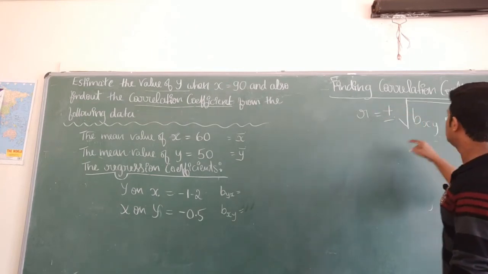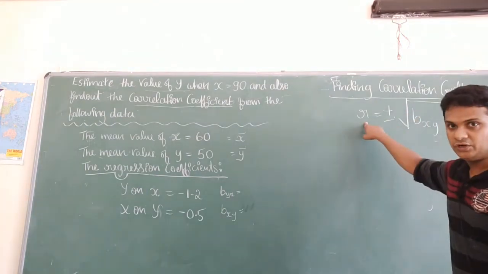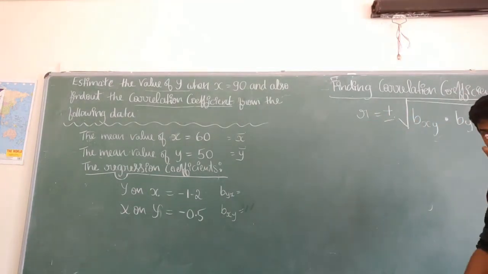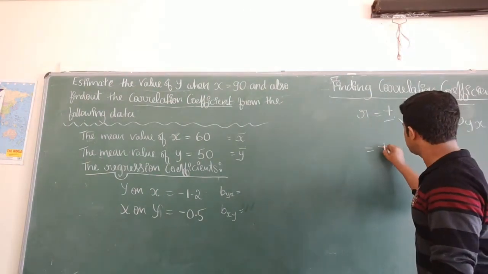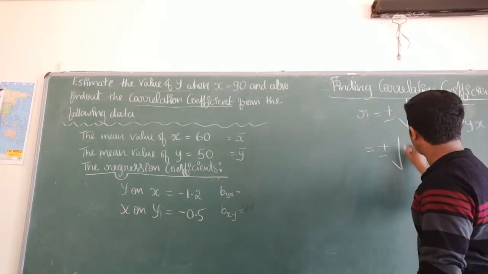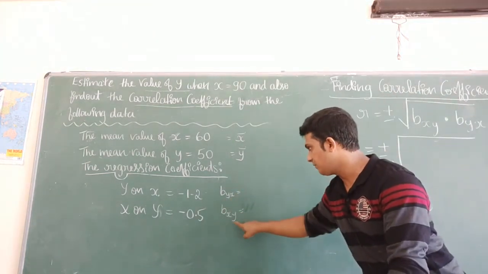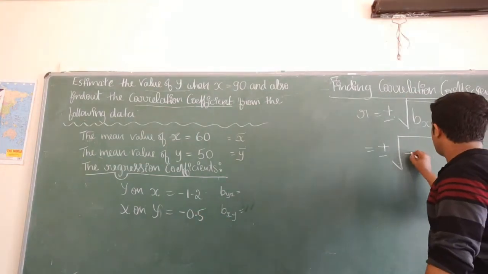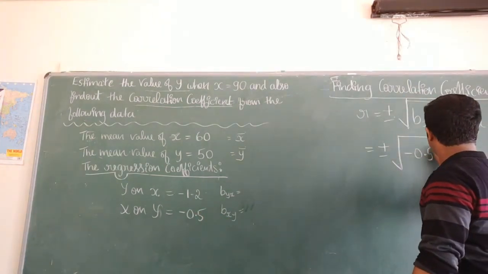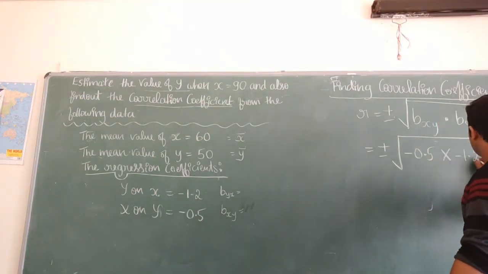Let us use this property and find the correlation value. So plus or minus root of b of xy, the x on y equation regression coefficient, which is minus 0.5, into b of yx, which is minus 1.2.